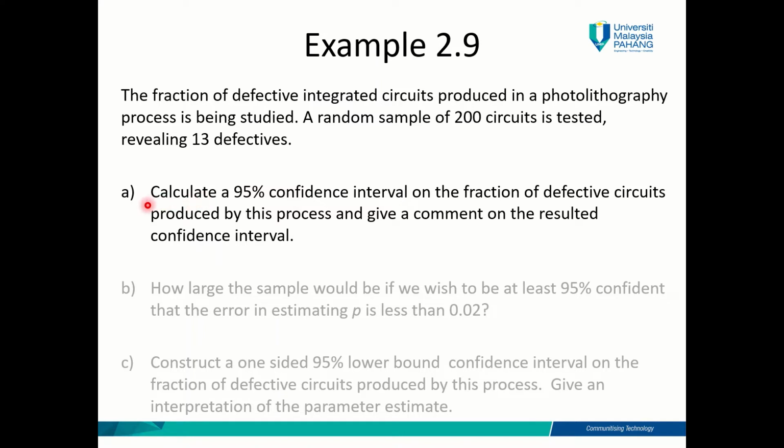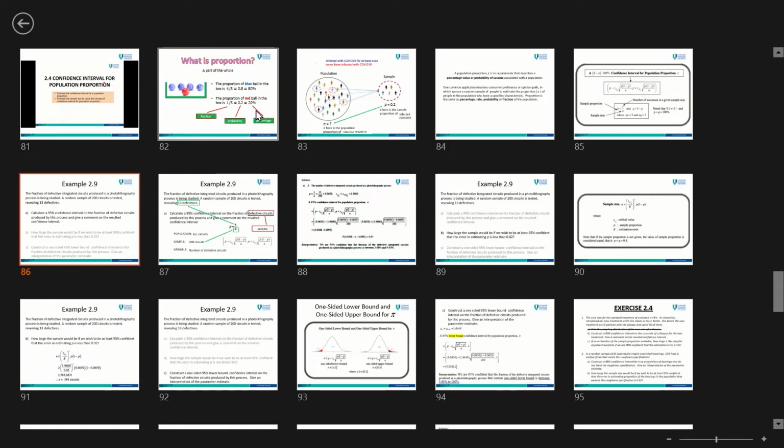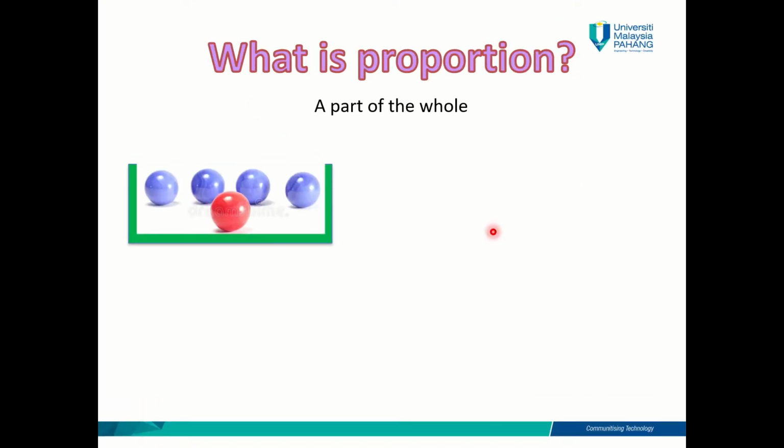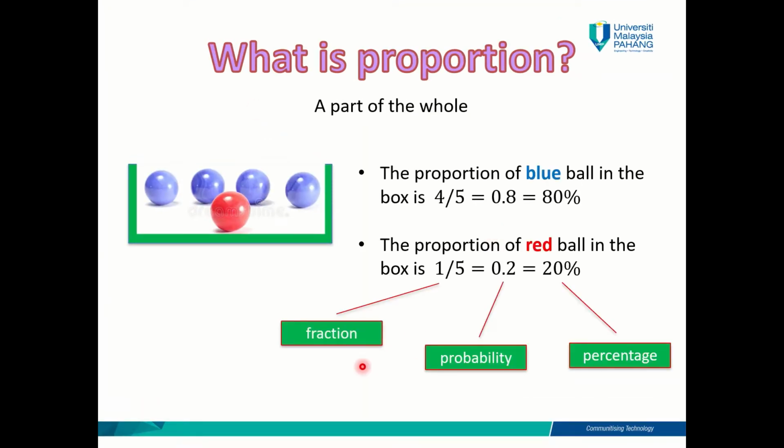Question A. Calculate a 95% confidence interval on the fraction of defective circuits produced by this process and give a comment on the resulting confidence interval. So you need to calculate the confidence interval on the fraction. Even though the question did not mention proportion, as explained earlier, proportion can also be represented by fraction, probability, or percentage.